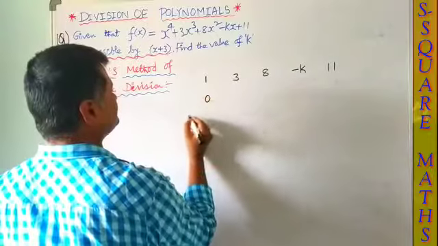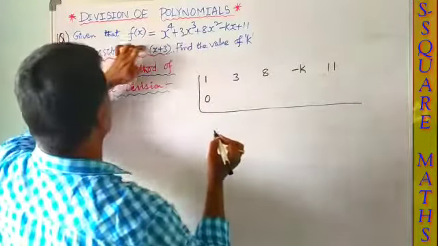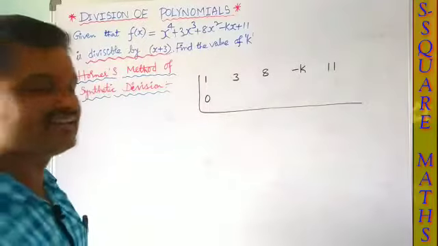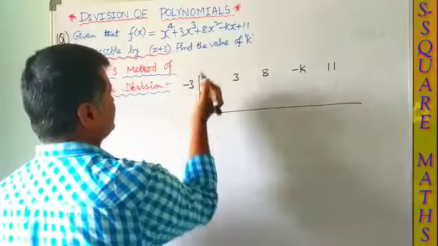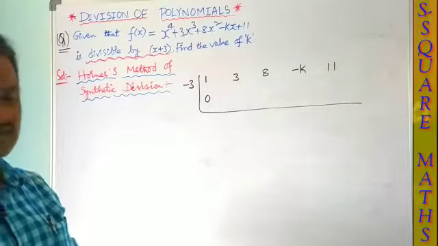Write down 0 here. Since f of x is divisible by x plus 3, what do we have to consider? Minus 3 we have to consider, because x plus 3 is our multiplier factor, given it is divisible.